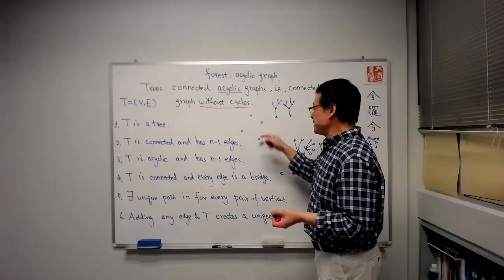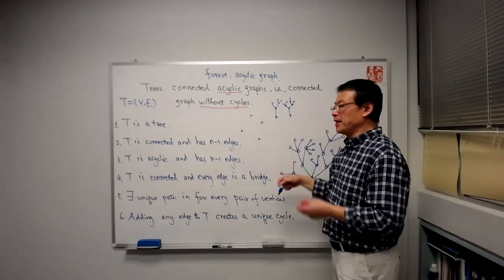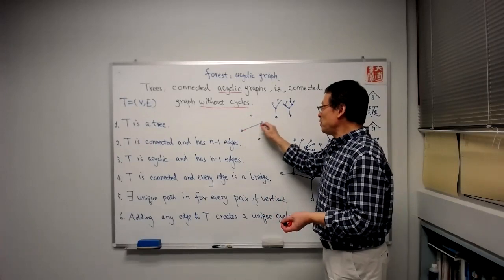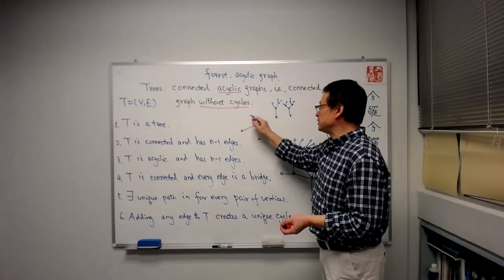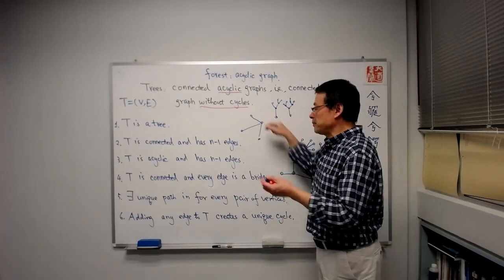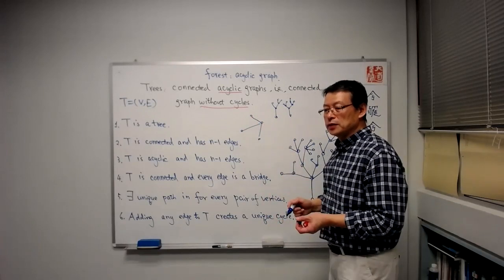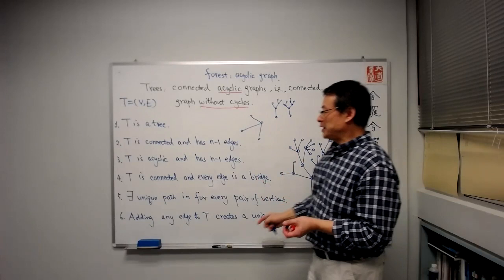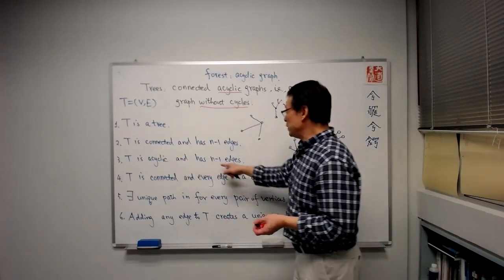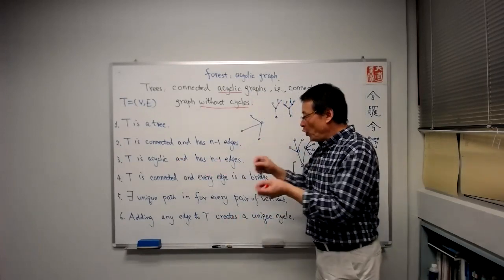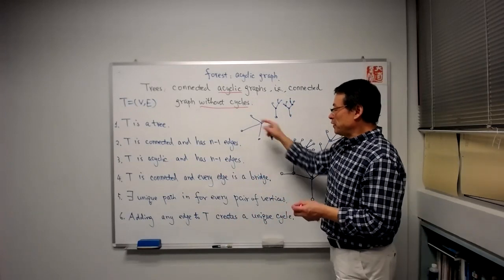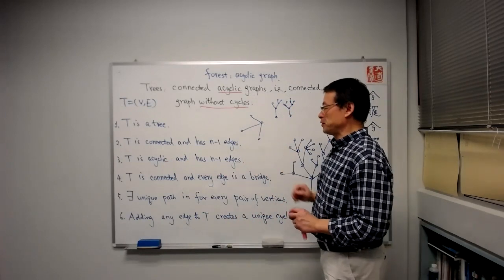So take this graph with 4 vertices. In order to connect it, the least number of edges I need is n-1. So if I use 3 edges, I can make them into one piece without creating a cycle. So here, the acyclic condition with n-1 edges will force the graph to be connected. So this one becomes a tree.